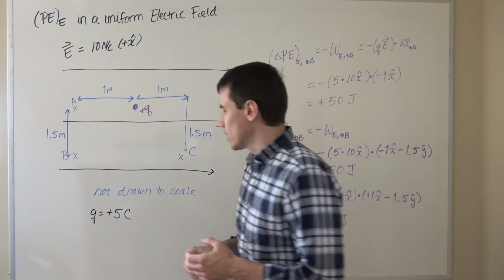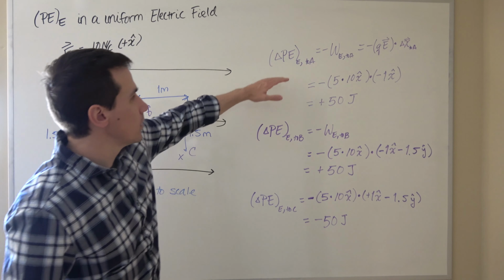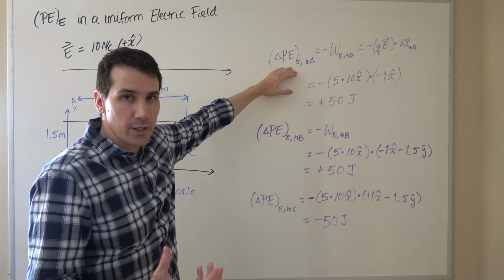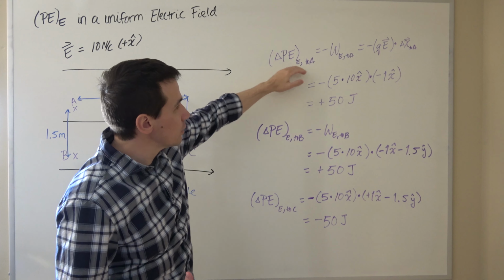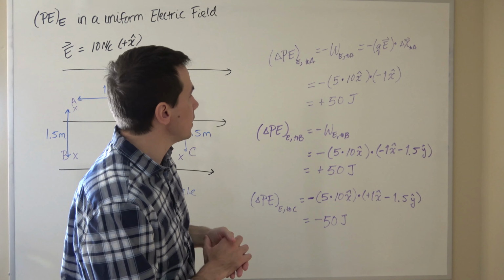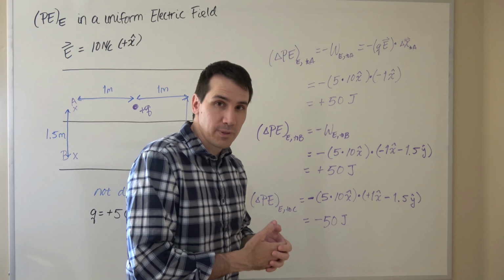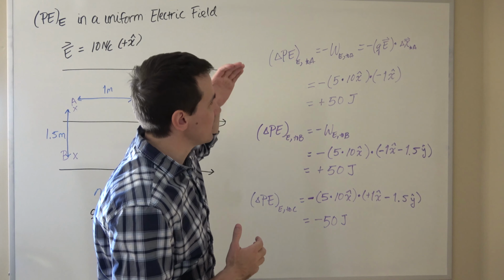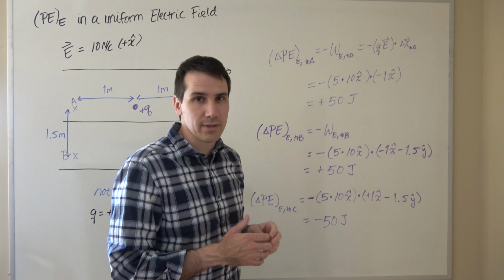Okay, so we are going to use our change in potential energy equation here, which is the negative of the work done. Right? So the change of the potential energy, the electric potential energy specifically, is equal to the negative of the work done by the electric field.